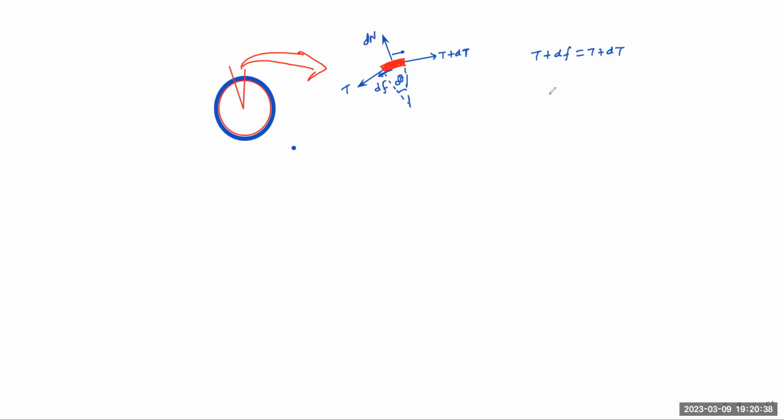So the incremental change in the tension is due to the incremental friction acting on the string. So when you say smooth, this becomes 0. And that is why there is no incremental change in tension.